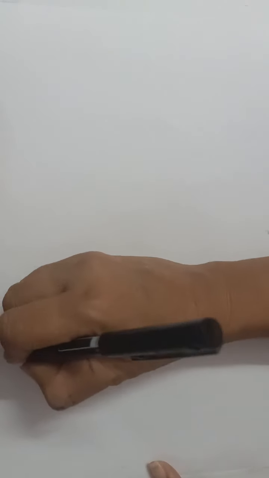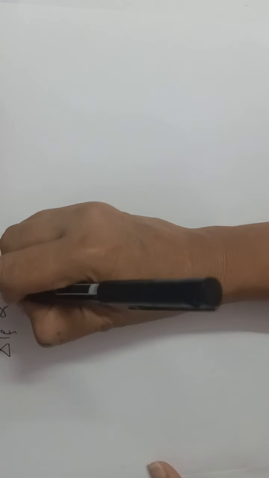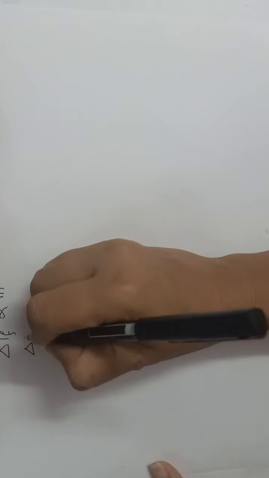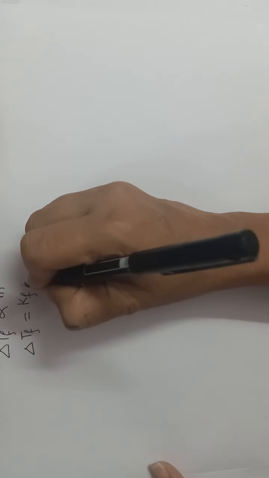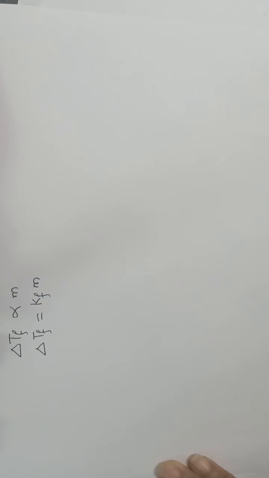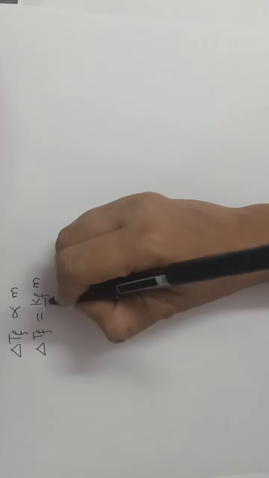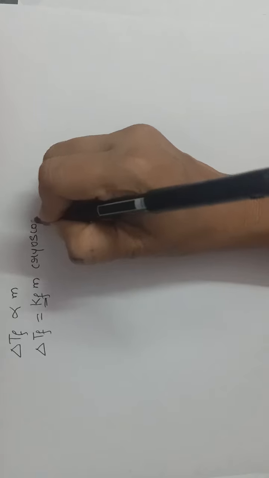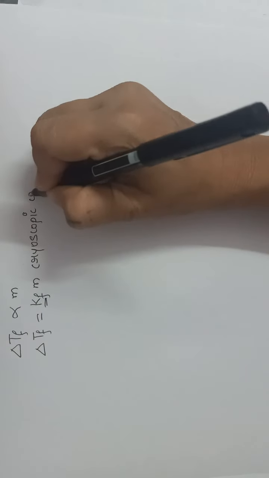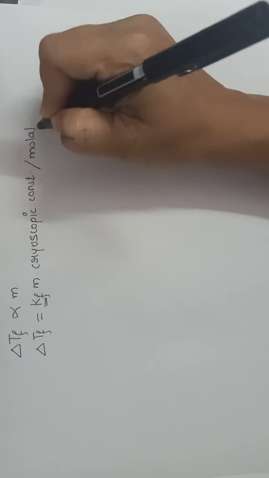Last time we have seen that del TF is directly proportional to molality. So introducing the proportionality constant, del TF equals Kf into m, where Kf will be called the cryoscopic constant or molar depression constant.